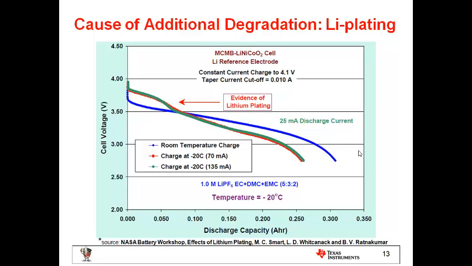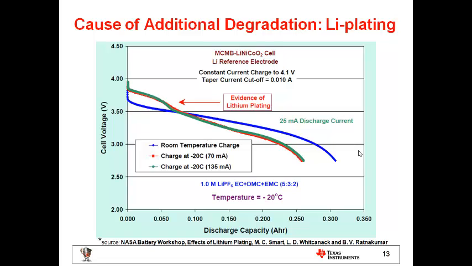You can think of lithium intercalation as a resistor, and lithium plating as a Zener diode put in parallel with that resistor. The Zener will not conduct before you reach a certain IR drop across this resistor. But once you reach this IR drop, it starts conducting, so most of the lithium will go into plating rather than into diffusion.